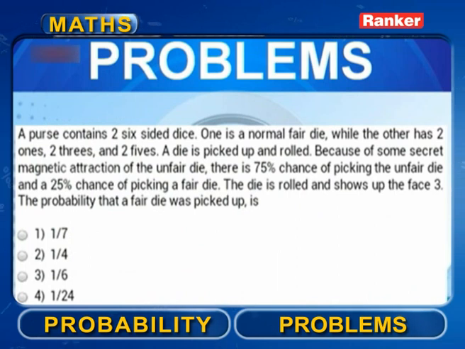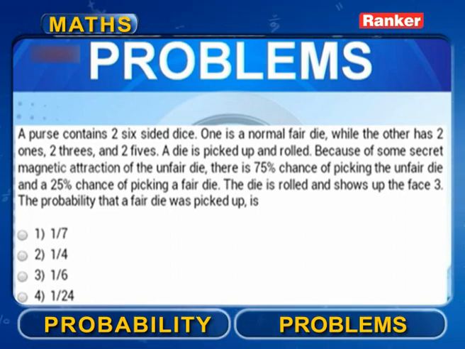Now, let us see a problem. A purse contains two six-sided dice. Generally, a die consists of 6 faces only, and one is a normal fair die. A normal fair die has 6 faces, and 1, 2, 3, 4, 5, 6 are marked on it. They are equally likely and exhaustive events. Getting 1 or 2 or 3 or 4 or 5 or 6 are equally likely and exhaustive events.